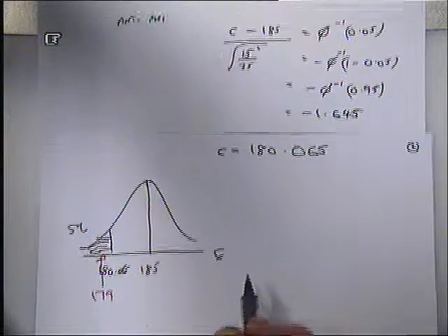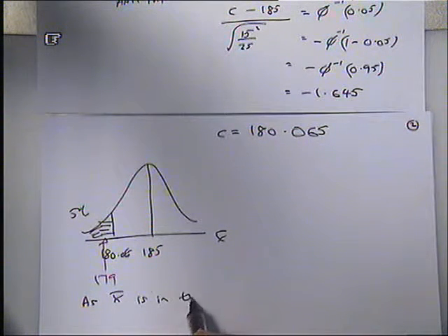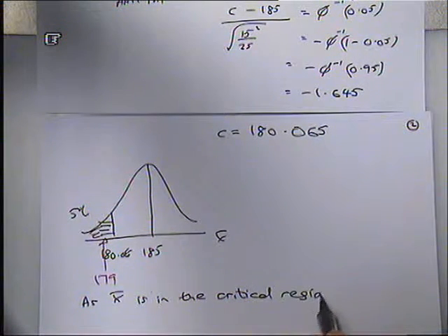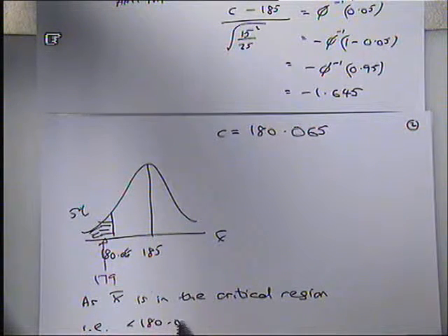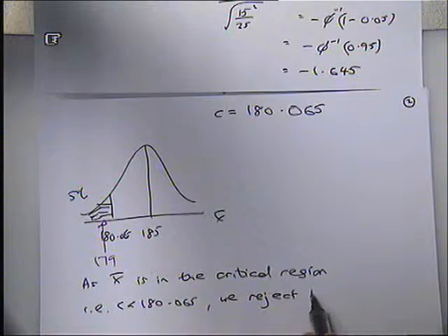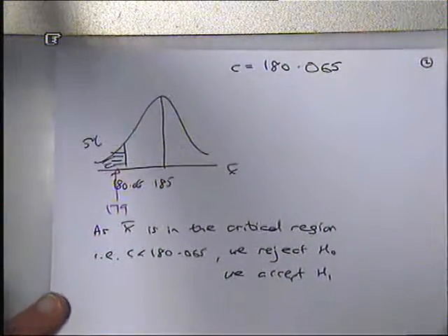So, the final bit, writing down our conclusion. You could say in an A-level exam, as x bar is in the critical region, i.e. it's less than 180.065, we reject H0, which means we have no choice other than to accept H1, and then you need to give a wordy answer to that.